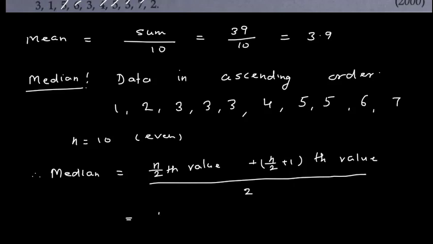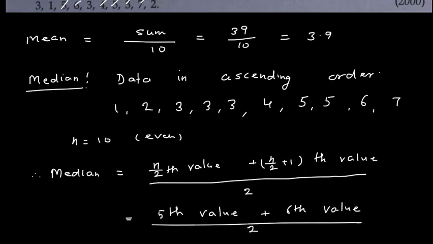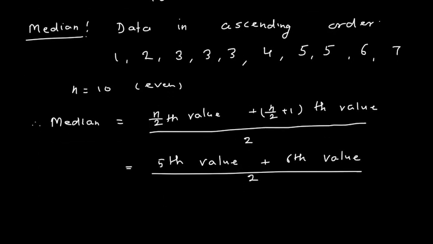So it is the 5th value plus the 6th value, whole divided by 2. What is the 5th value? 1, 2, 3, 4, 5. The 5th value is 3. The 6th value is 4, so 3 plus 4 is 7, 7 divided by 2 is 3.5. Okay, so this is median.